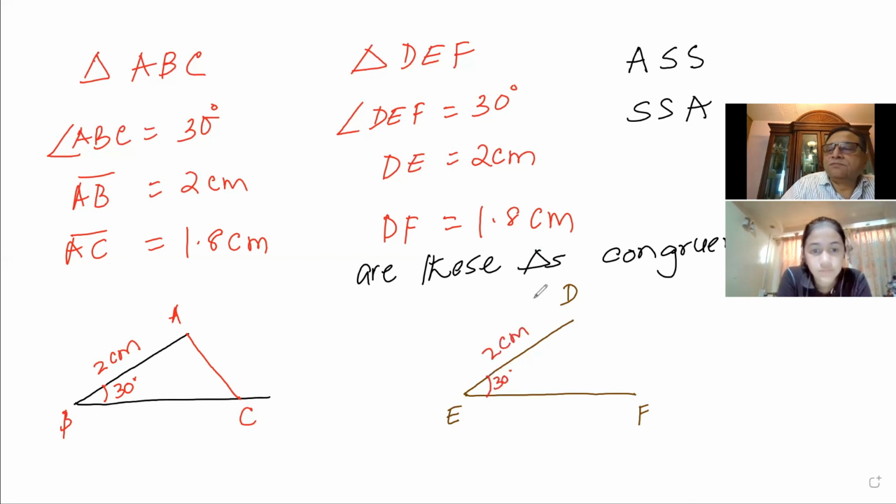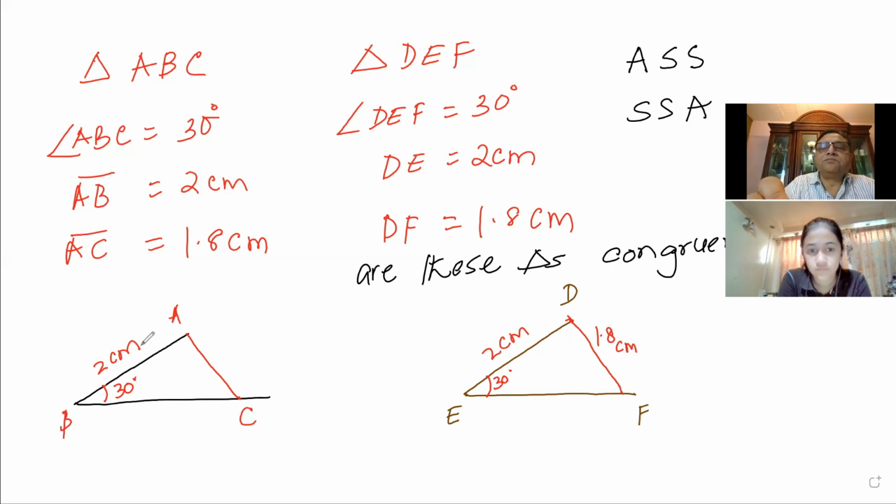So I can make a 30 degrees and cut 2 centimeters. I know point D. Now I am saying D to F is 1.8. So if I connect this with 1.8 centimeters, I make this triangle.